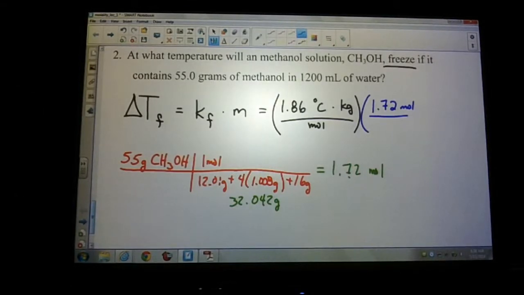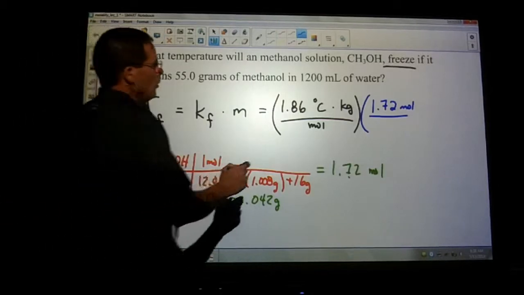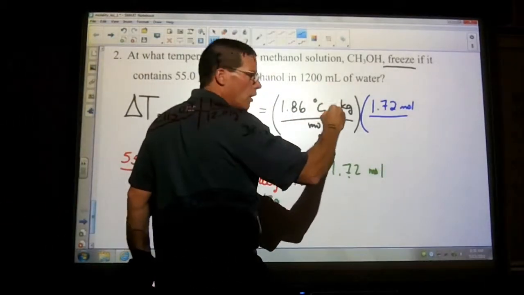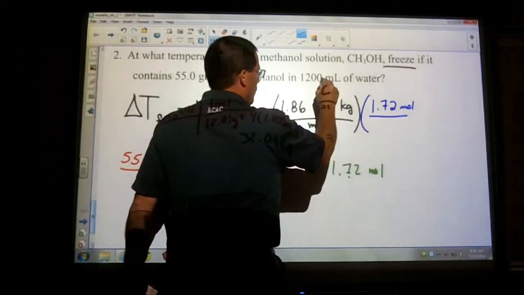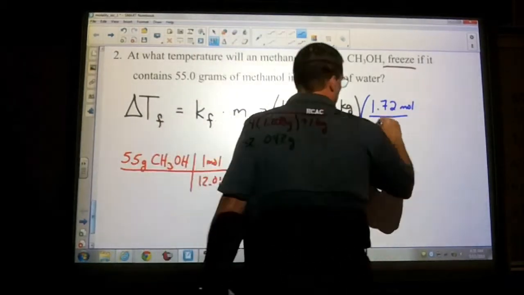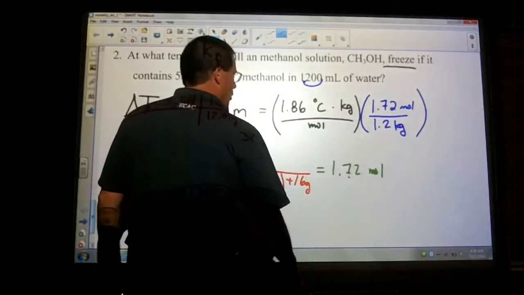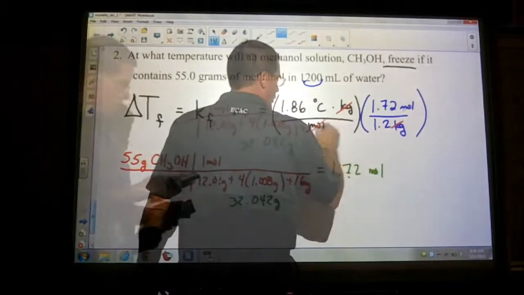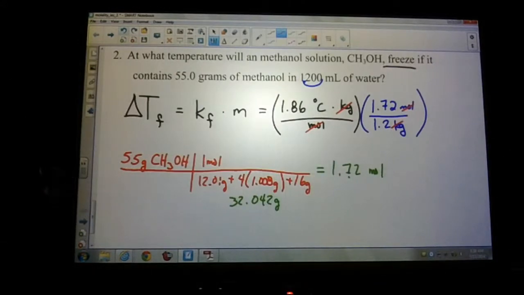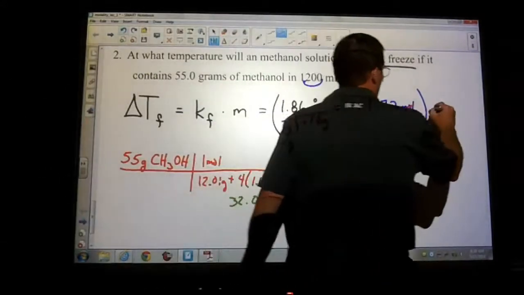How many kilograms of water do I have? Very good. So take the decimal. You know 1 milliliter equals 1 gram. There's 1,000 grams, so boom, right there, 1.2. Check your units real quick. Kilograms cancel, moles cancel. 2.66? Yeah. Okay.